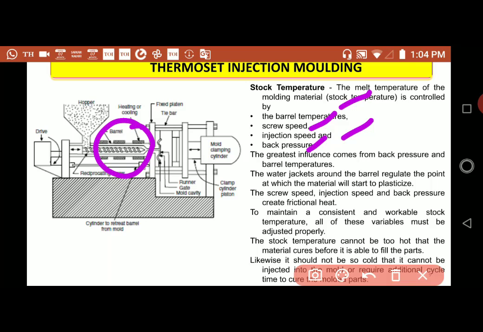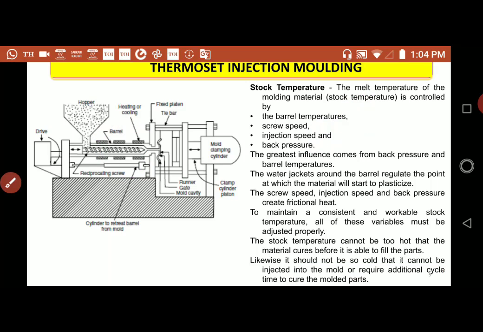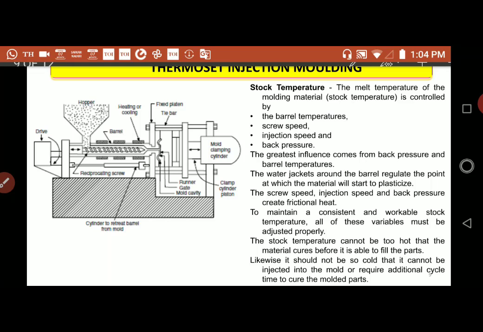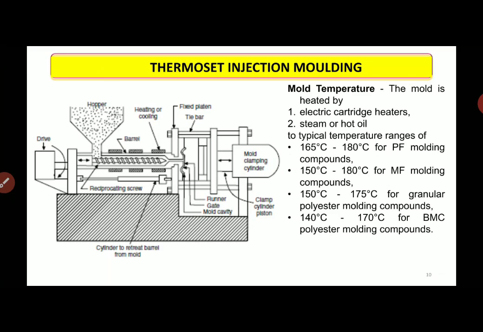To maintain a consistent and workable stock temperature, all these variables must be adjusted properly. The stock temperature cannot be so hot that the material cures before it is able to fill the port, and it should not be so cold that it cannot be injected into the mold or requires additional cycle time to cure the molded parts.